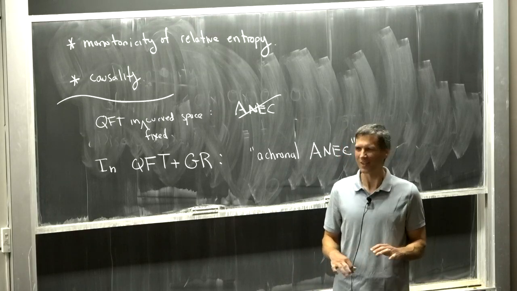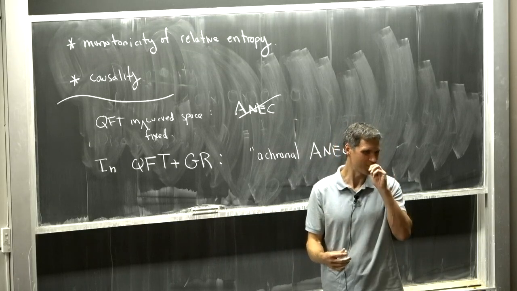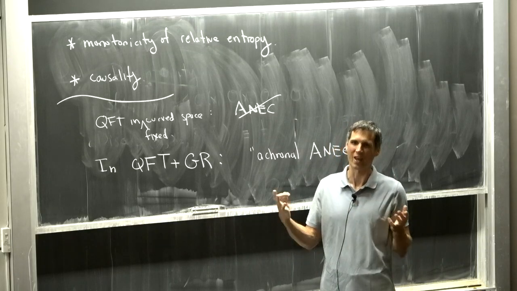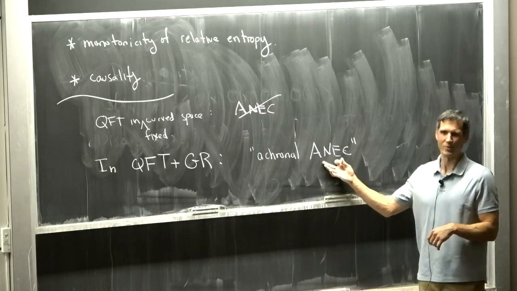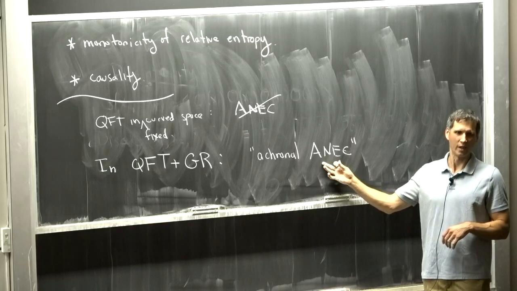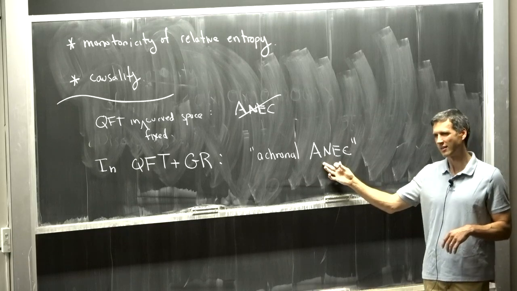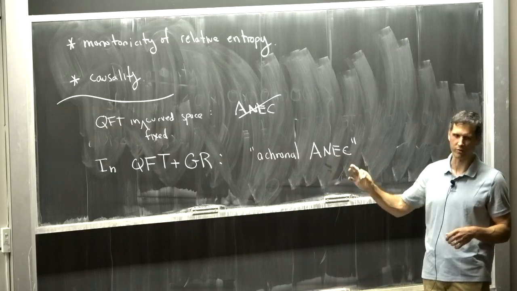There's another theorem that says that under some definition of generic, spacetimes just don't have achronal null rays, so the achronal annex becomes vacuous in that case. The interesting cases are the ones where there are achronal null rays, like vacuum or near vacuum, and then you have a non-trivial test here.